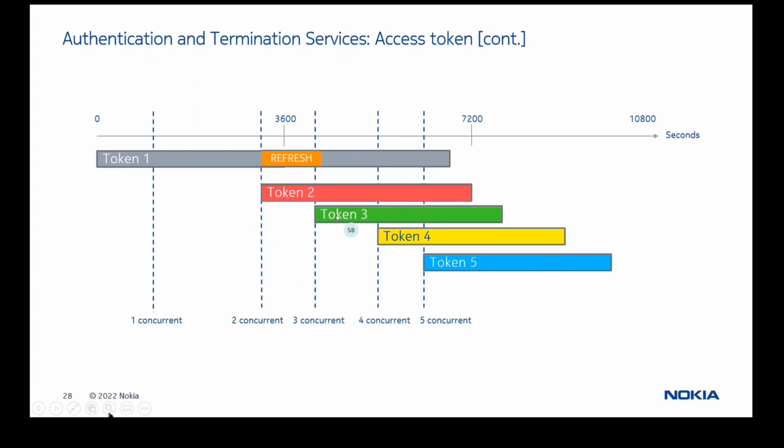So we have 2 concurrent users. A third user comes in. This one here refreshes, which is great. That's perfect, right? You can see they refreshed their token before the 3,600 was out, which extended their token usage. Then a second user comes in, then a third user, then a fourth user. But then all of a sudden, this one comes in, token 5.